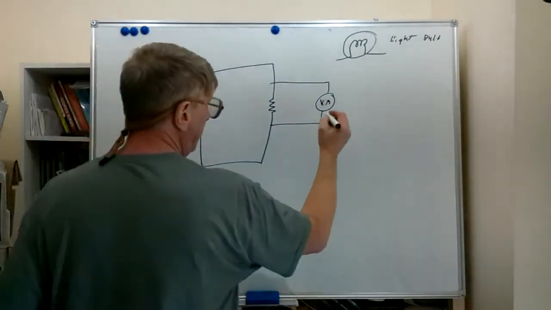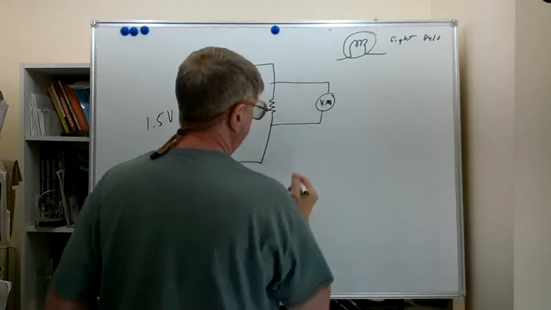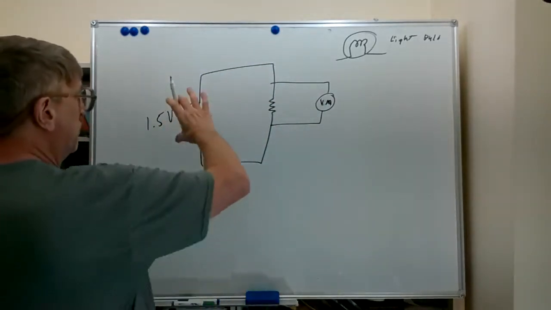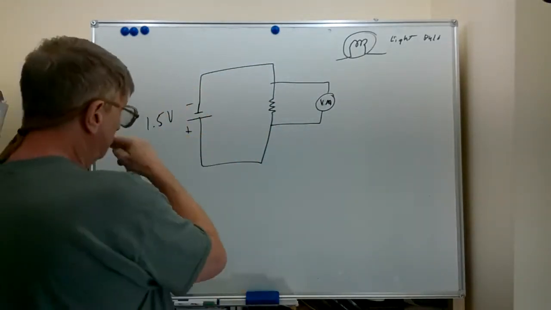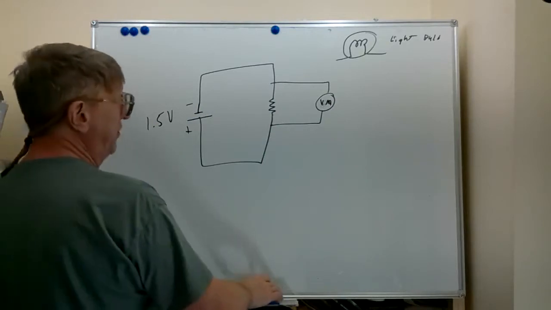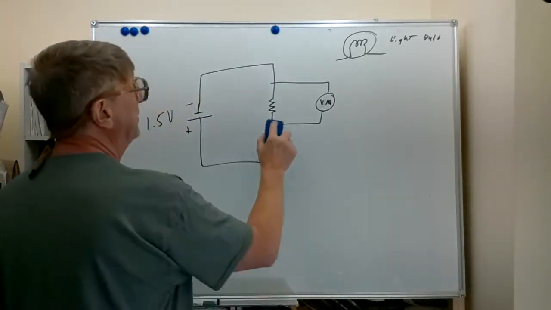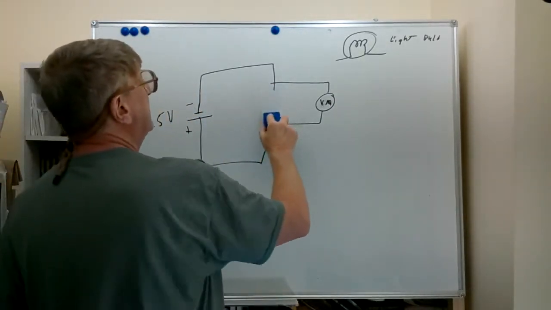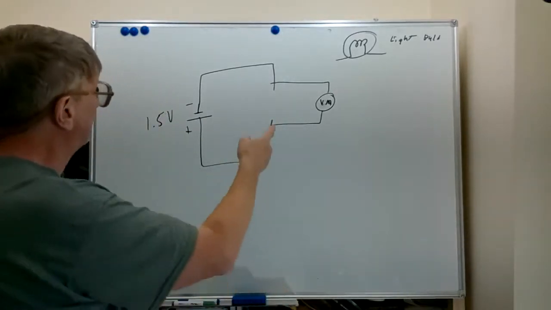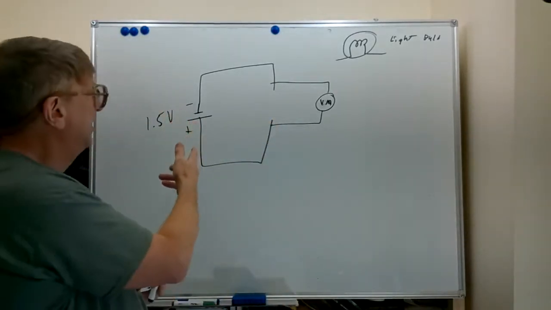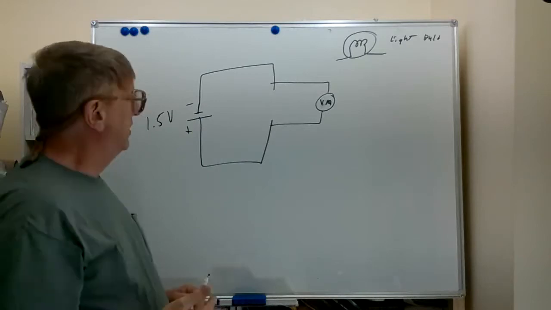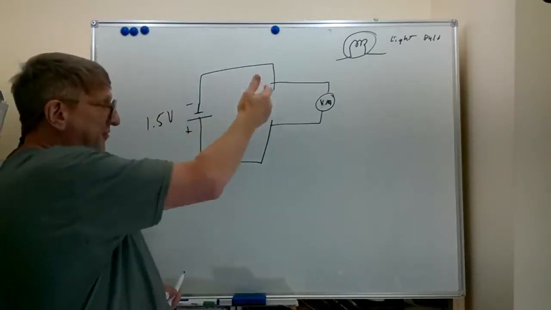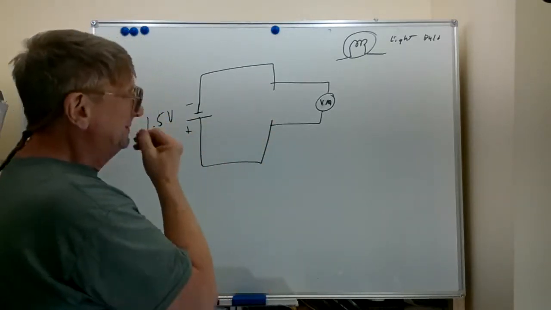And we're going to see on this voltmeter the 1.5 volts of our power supply, battery. If we take the resistor out of there, we will still see the 1.5 volts potential difference provided by the battery.